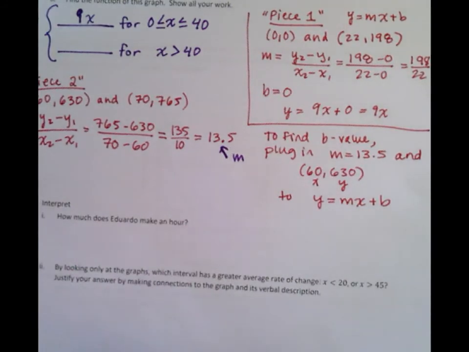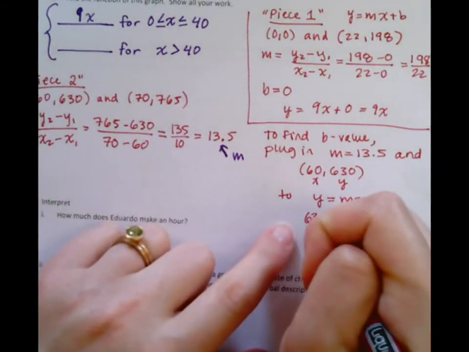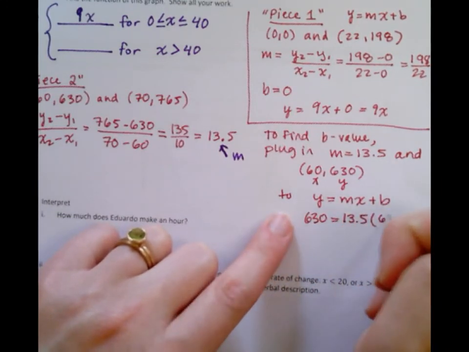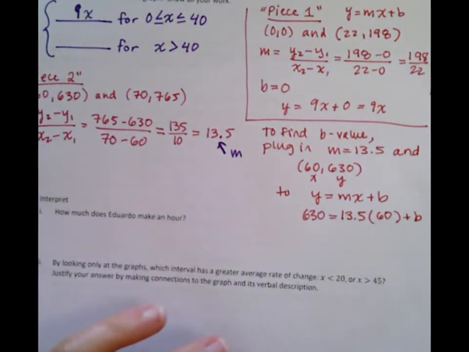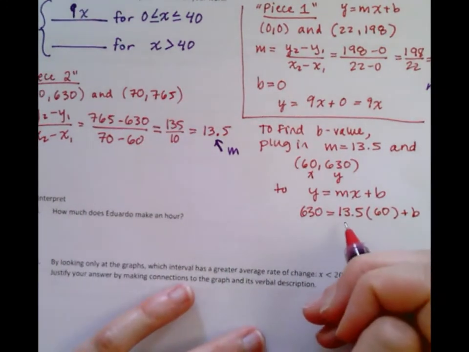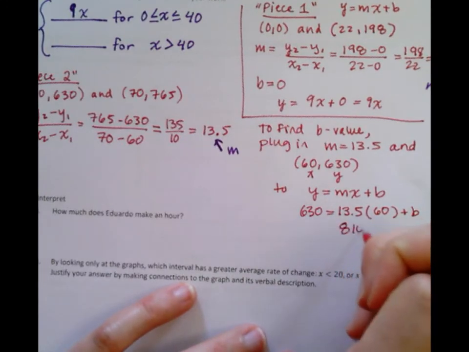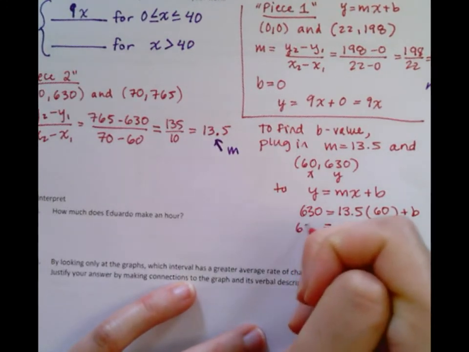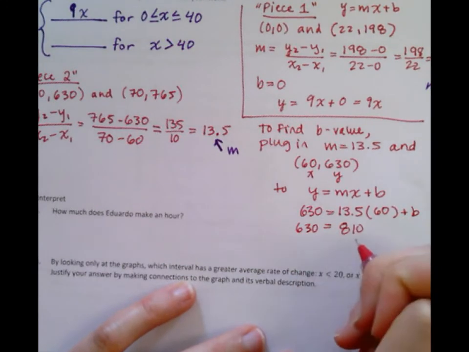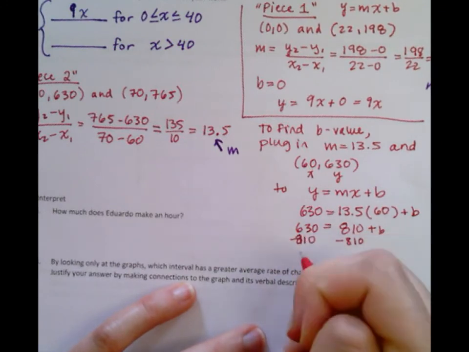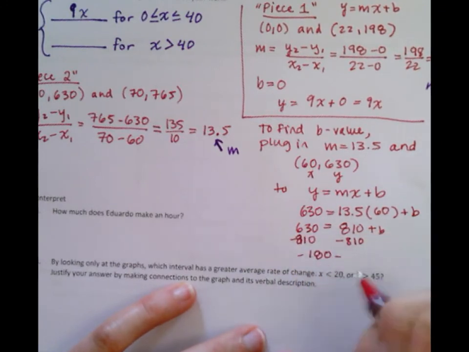So I'm putting in y is 630, m is 13.5, x is 60, and then b is my unknown. I'd multiply 13.5 times 60, which is 810. So I get 630 is equal to 810 plus b. Subtracting 810 from both sides, I get negative 180 is equal to b.